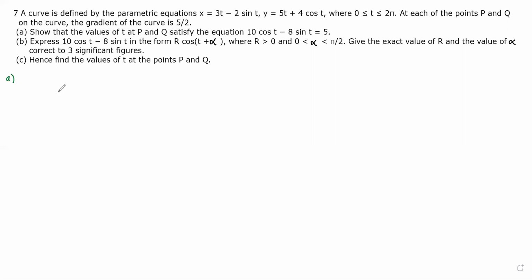We are given that the gradient at these 2 points is 5 over 2. So dy/dx at these 2 points is given by 5 over 2.